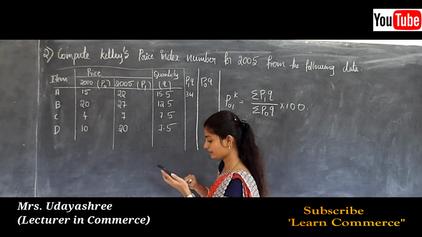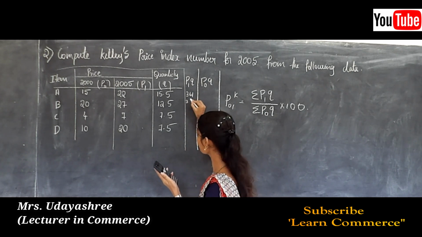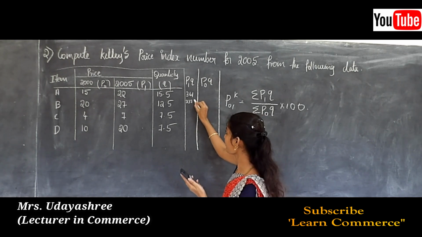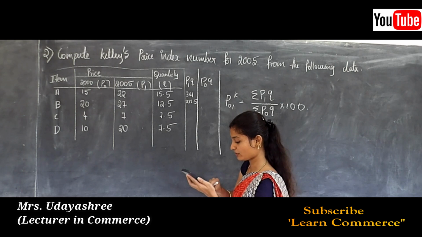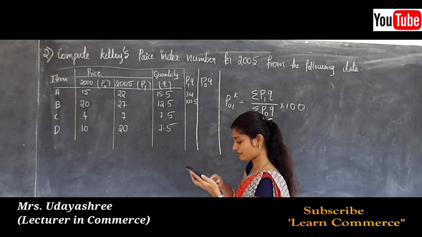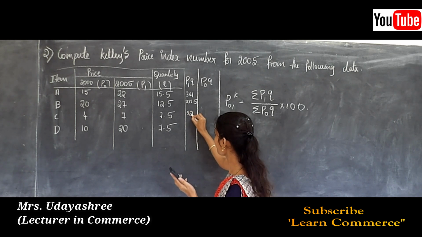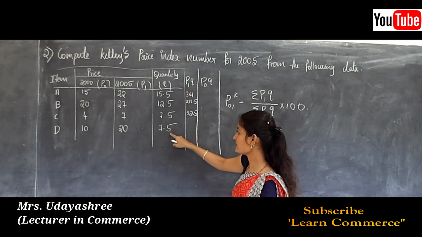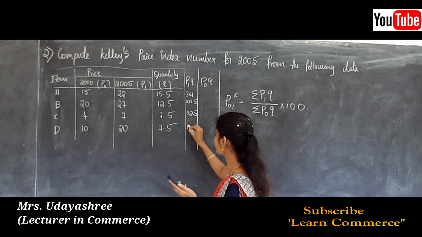So 27 into 12.5, the answer is 337.5. Next, P1 is 7, Q is 7.5. So 7 into 7.5 is 52.5. Next, P1 is 20, then Q is 7.5. So 20 into 7.5 is 150.